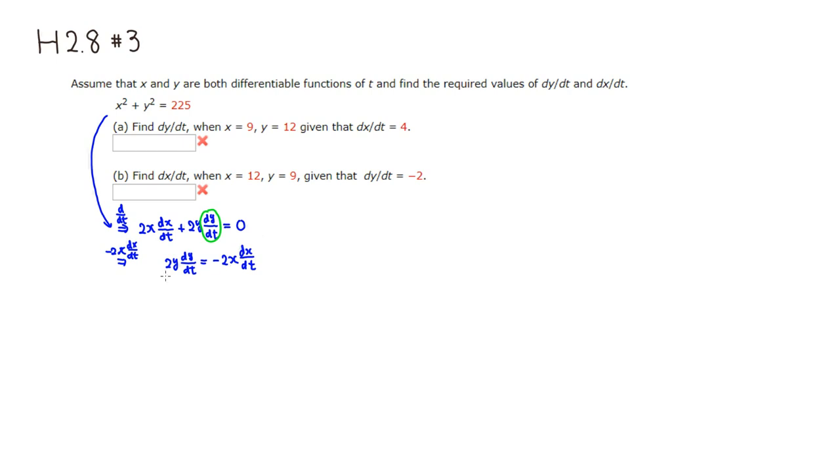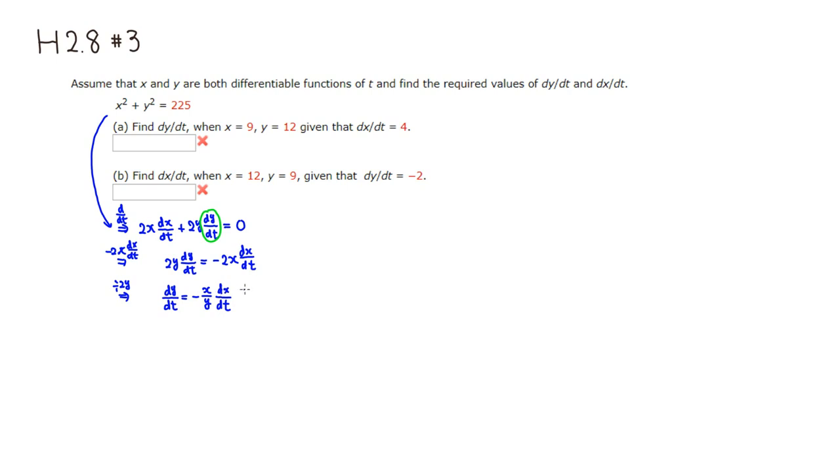Then we can isolate the dy over dt by dividing through by 2y. So we have dy over dt is equal to negative x over y dx over dt.